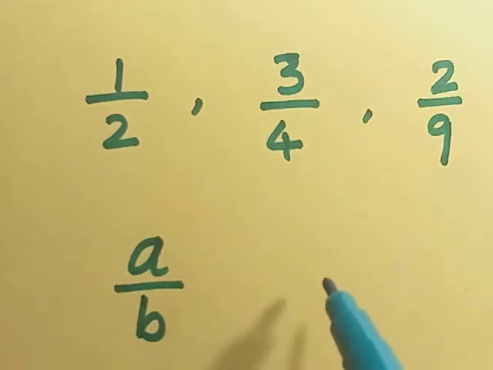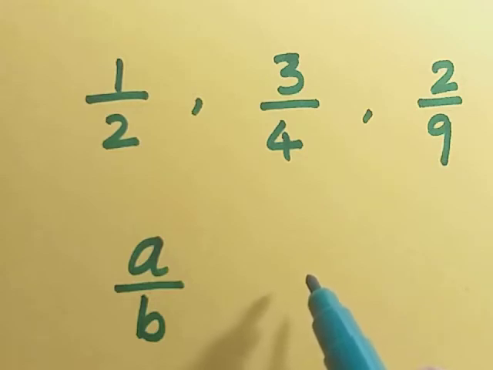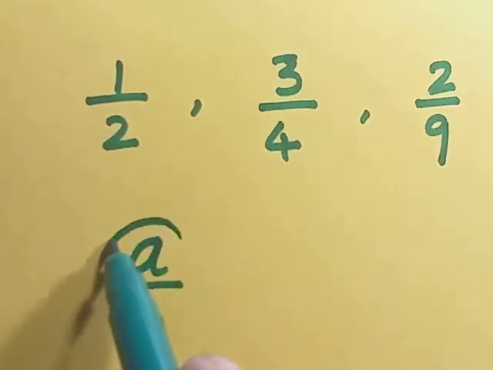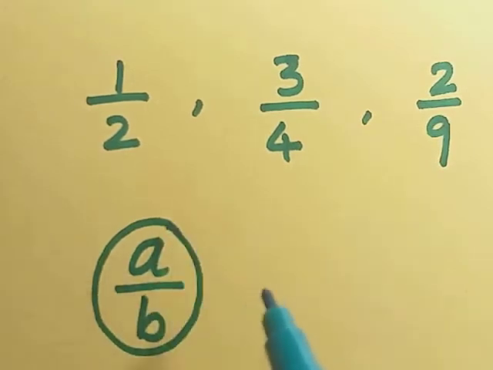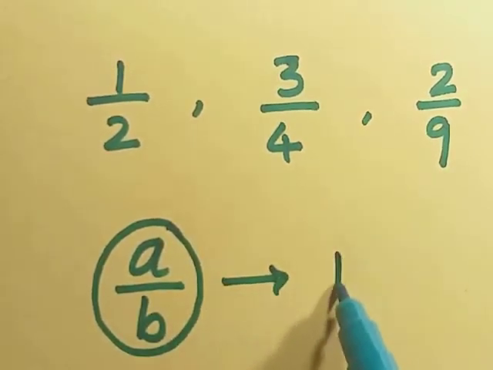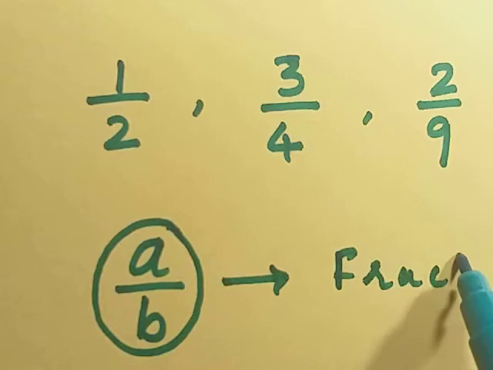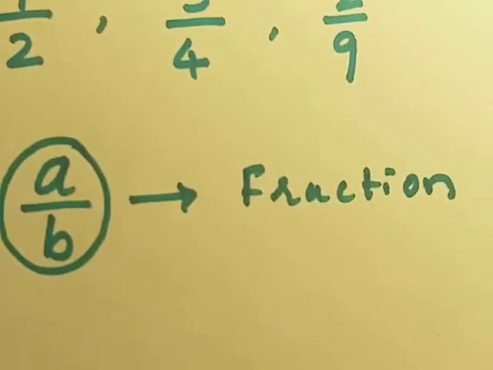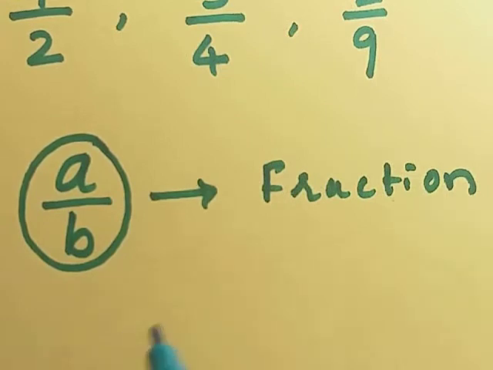A can be positive, B can be positive, or both A and B can be negative, something like that. A by B is a fraction.